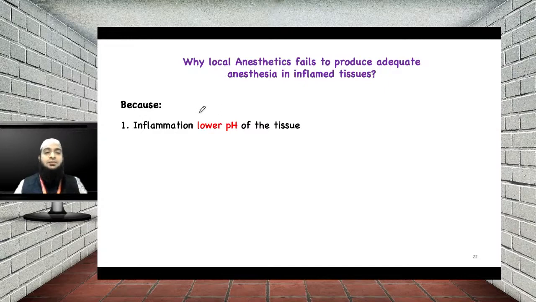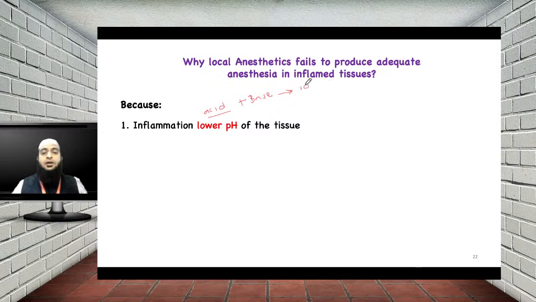So what does low pH mean? There is acidic pH, and we have seen in yesterday's lecture that local anesthetics are basic in nature. When acid and base come into contact with each other, do remember that there is formation of salt and water, and this process is called ionization.